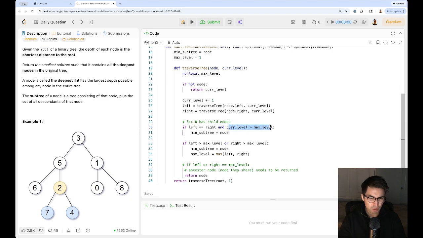If current level is greater than max level and left is greater than max level. Since these are equal to each other, that's fine. The min subtree equals the node, equals 2.